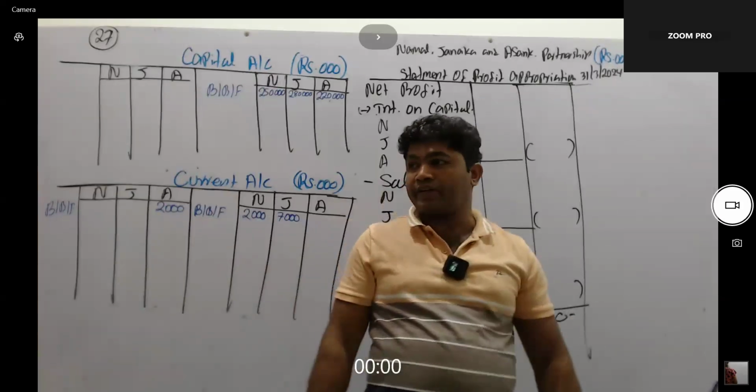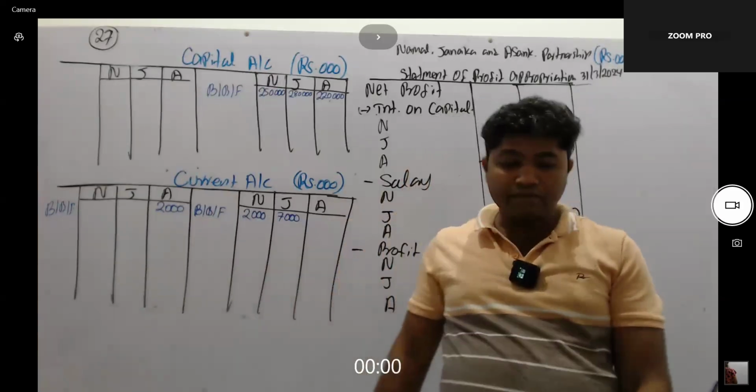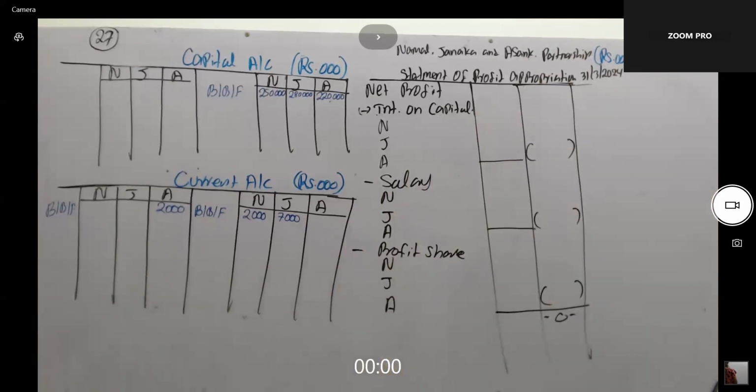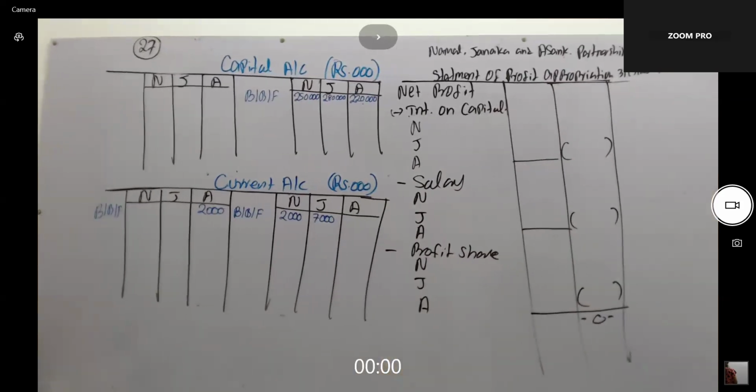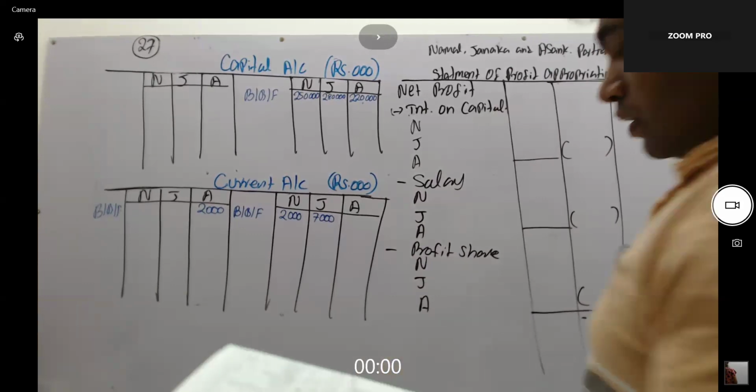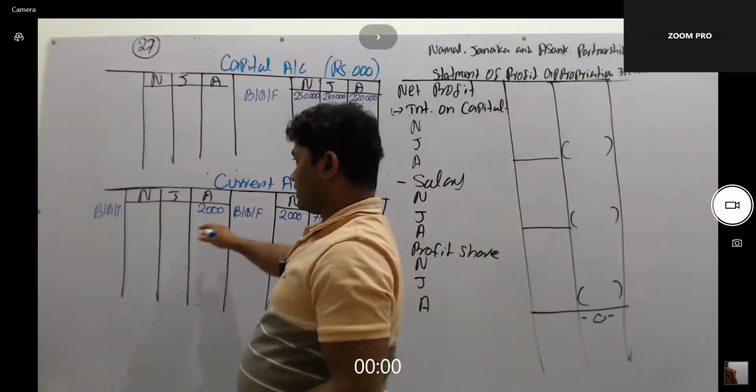And drawings are also given. Like drawings, which decrease equity, they should be recorded on the debit side.